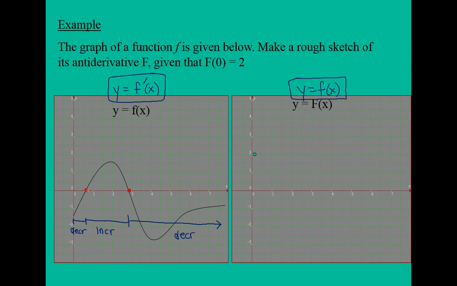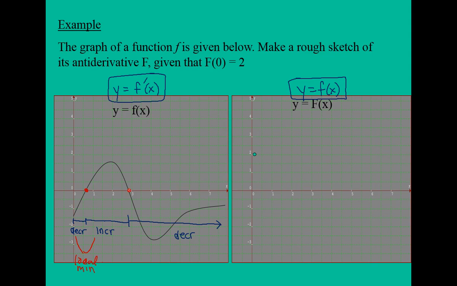So at this point right here, let's say it's 0.6, since the derivative equals 0 there and it's decreasing before we get to that point, so the function would be decreasing, and then it changes to increasing, we would have a local minimum. So we have a local minimum there.